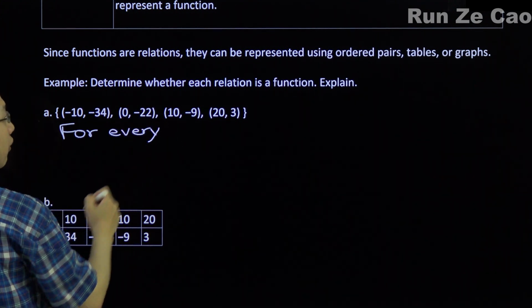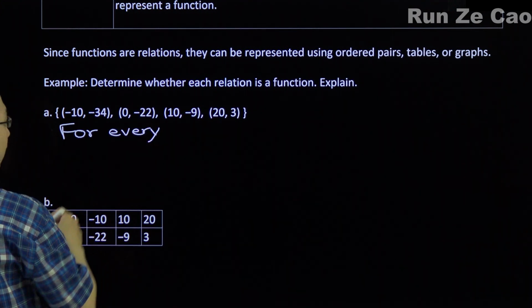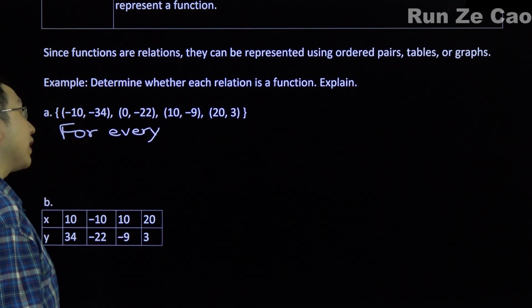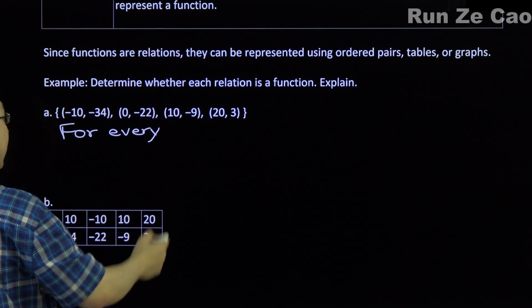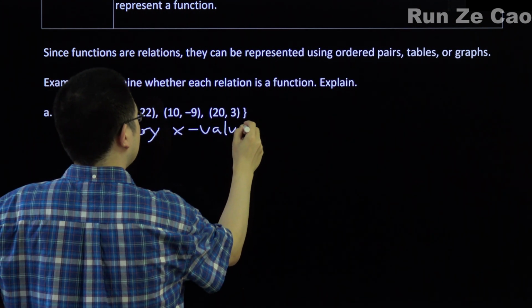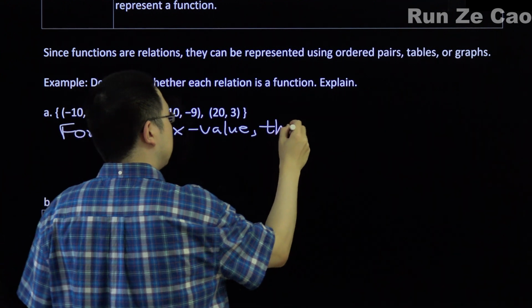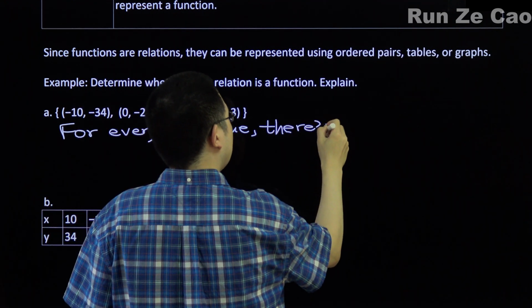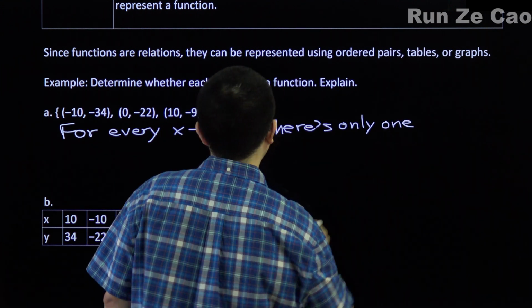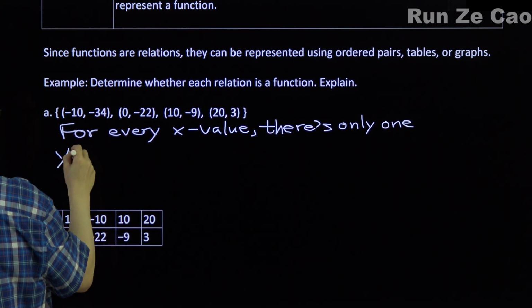Like if we have a point that's represented using an ordered pair, or just an ordered pair, usually we default to that being a point and its x coordinate and y coordinate. For every x value, there's only one y value.